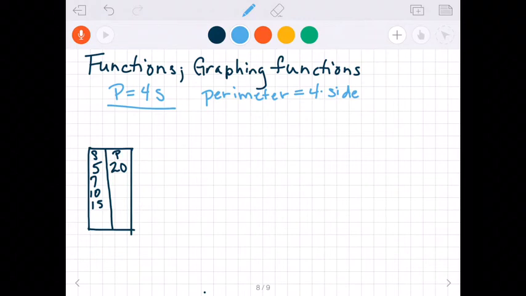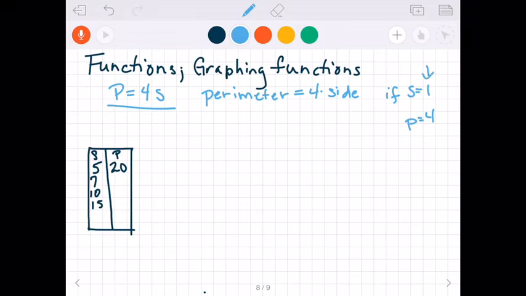So if your side is 1 inch, your perimeter is 4. If s equals 1, P equals 4. We're not going to get a different P if we use 1. We'll always get 4. So that's what it means when it says there's one output for every input.